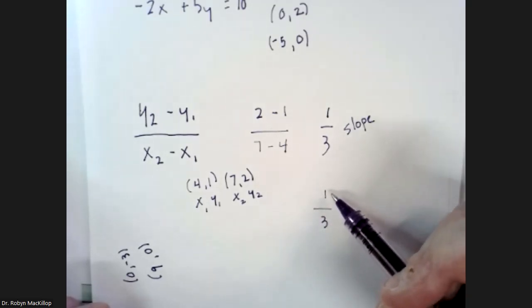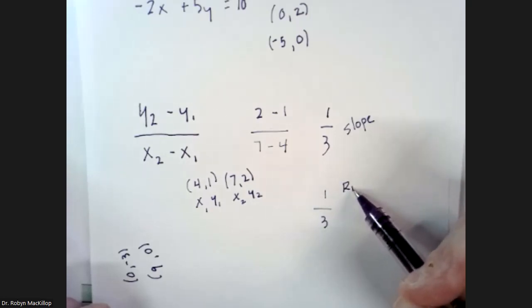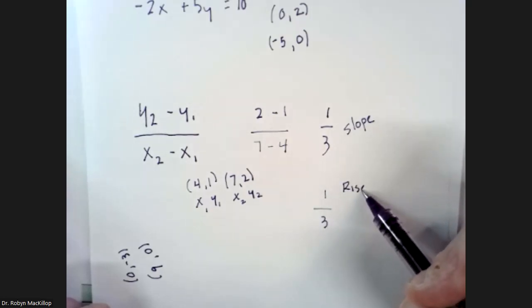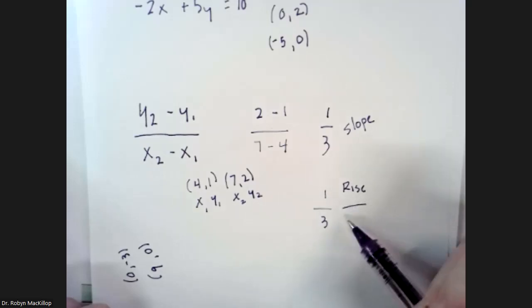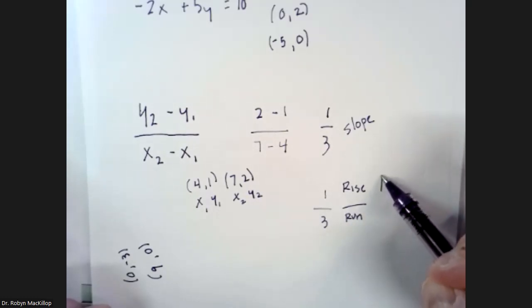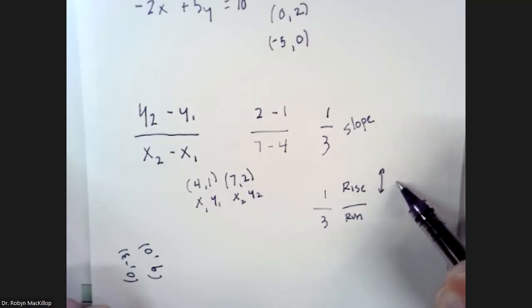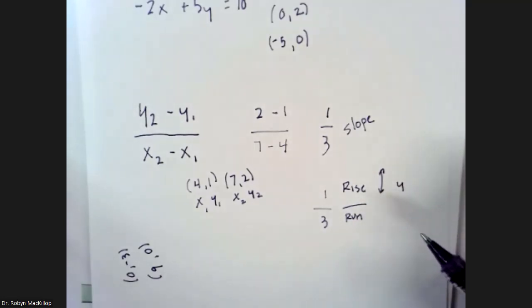The 1 is the rise. And you may have heard rise over run. And what that means is rise goes up and down, like the y-axis.